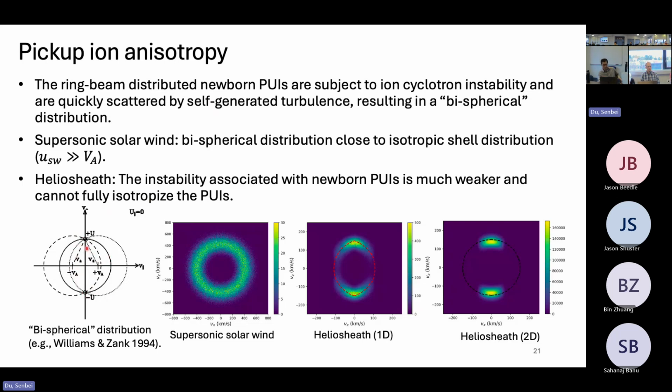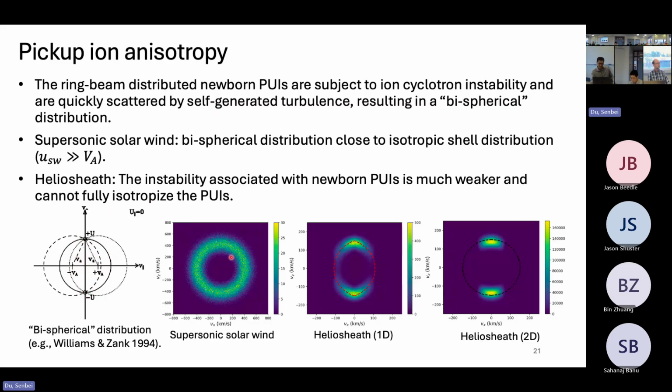So that means that essentially the VA is almost zero in that case. So the bispherical distribution is roughly the same as an isotropic spherical shell. And so that's why we think that in the supersonic solar wind, the pickup ions may have an isotropic shell-like distribution. And we can confirm that with a test simulation in this case.